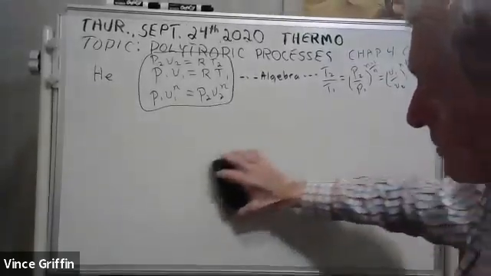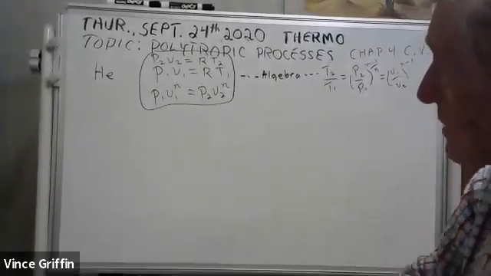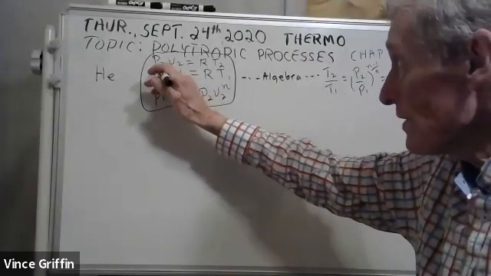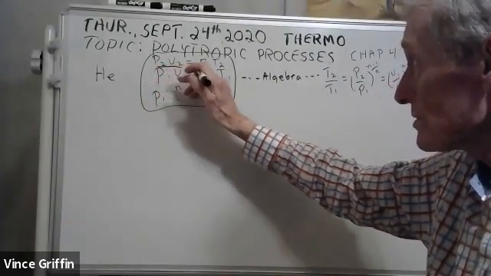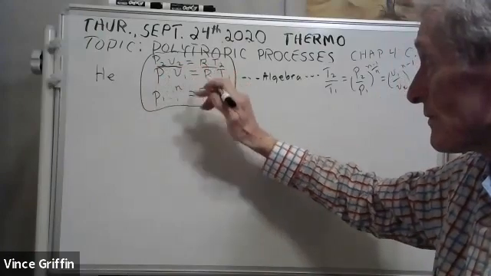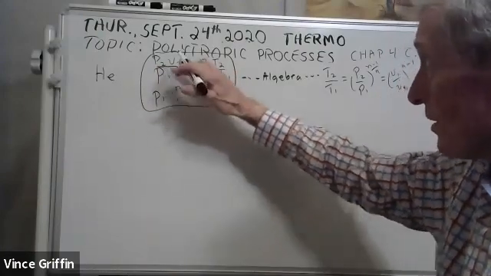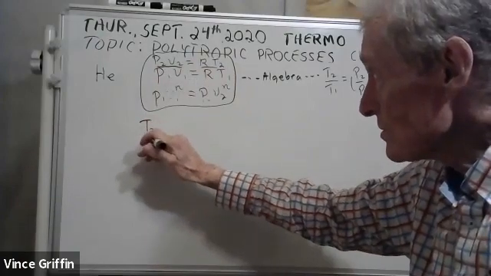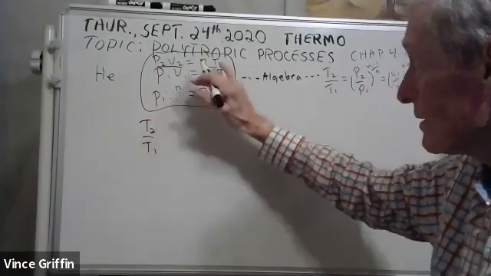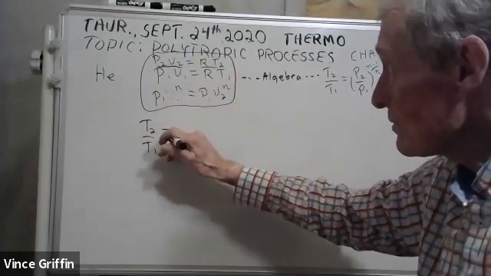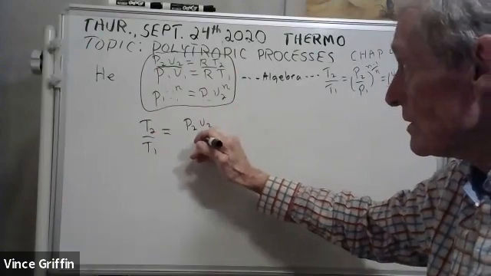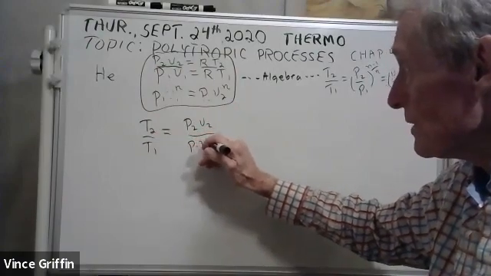Here, let me go through the algebra with you. Now we have equals here and equals here, and when you divide equals by equals, that's going to be equal. The R's cancel out, and what you have is T2 over T1 is equal to P2V2 over P1V1.